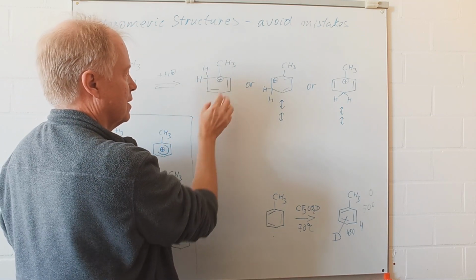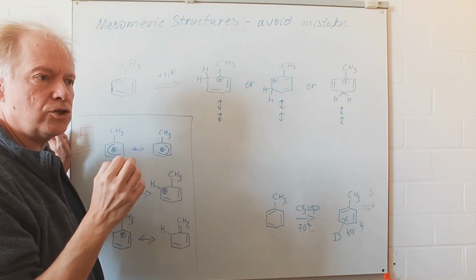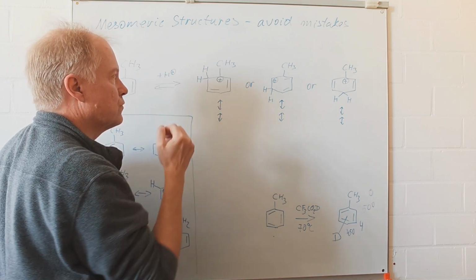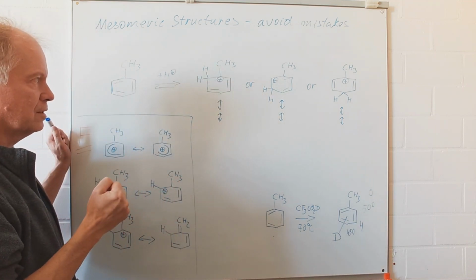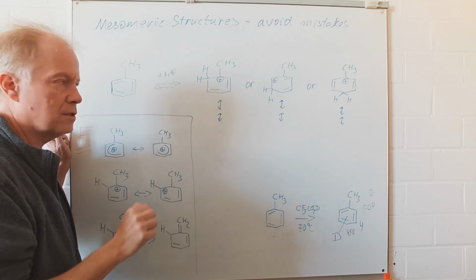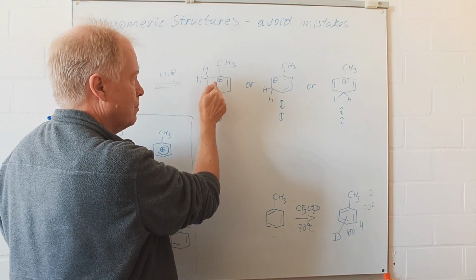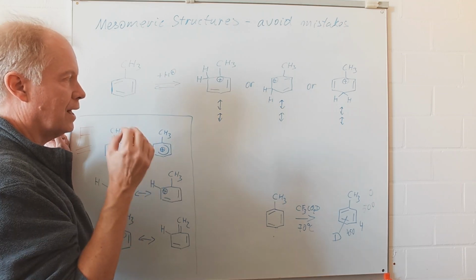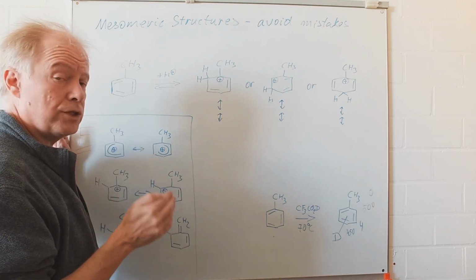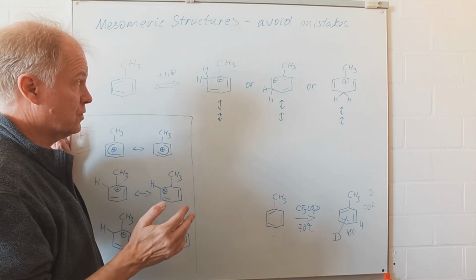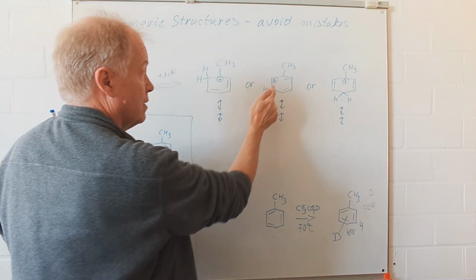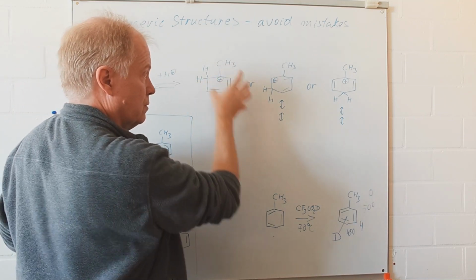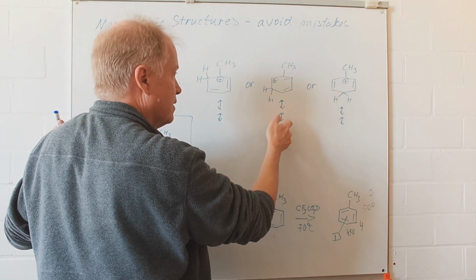It is a positive charge at the tertiary center, and only here the CH3 group can participate inductively for the stabilization of a positive charge. So, as we know, tertiary cations are more stable than secondary. So, this is therefore better than that.